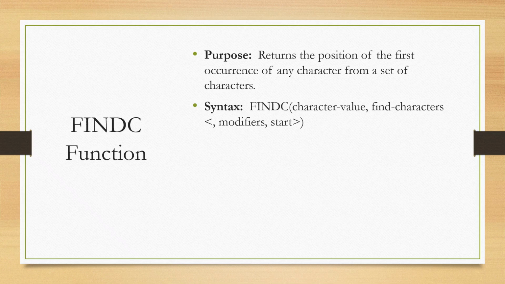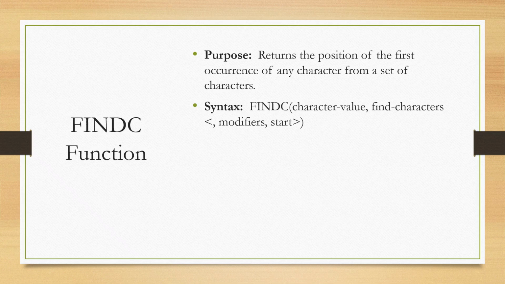The modifier O processes the modifier and find characters only once for a specific call to the function. In subsequent calls, changes to these arguments will have no impact. This might improve performance if the find characters are consistent or literals.